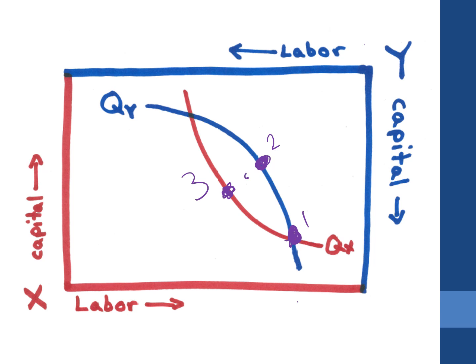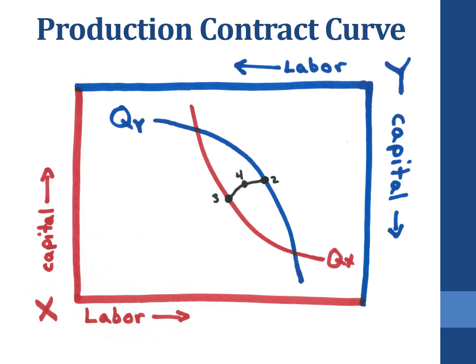And then obviously we could do just as we did before with exchange efficiency. We could come up with some point where both firms increase their quantity of output by exchanging the inputs that they are using. So what we get from this is the production contract curve.